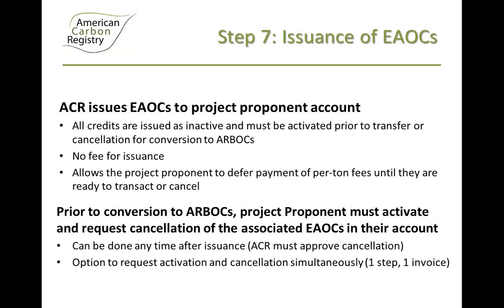And as Nick mentioned earlier in describing the fee structure, all the credits are issued as inactive and must be activated prior to transfer or cancellation for conversion to RBOX. And as you mentioned, there is no fee for issuance, which can be beneficial, allowing the project proponents to defer the payment of any per ton fees until they're ready to transact or cancel.